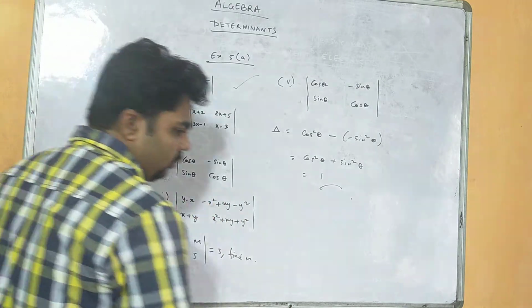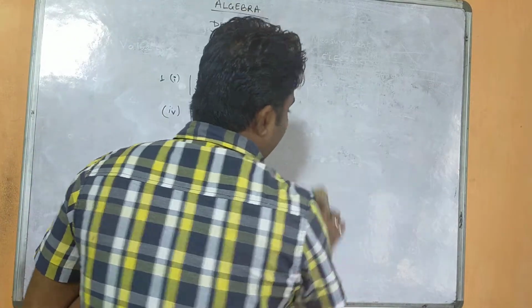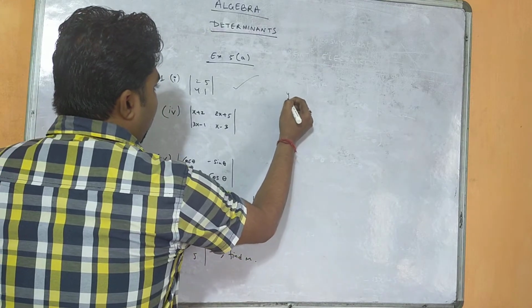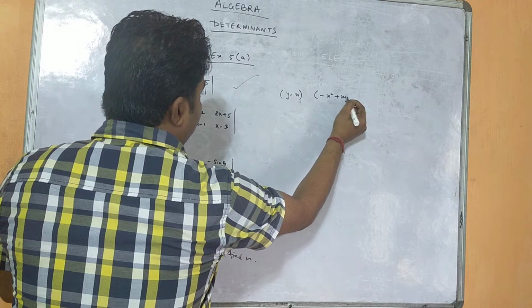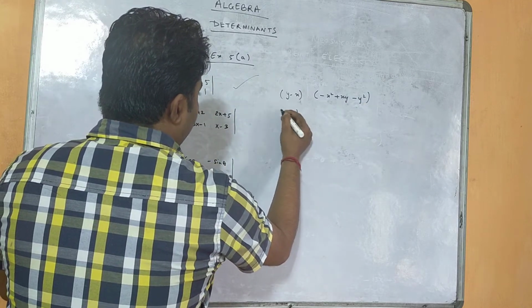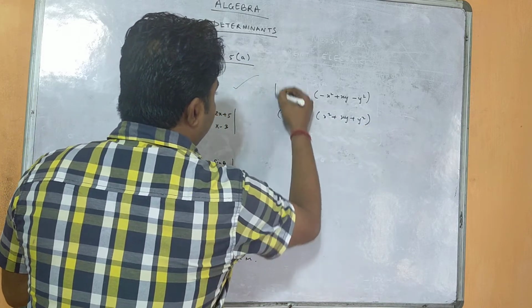Here also we need to just cross multiply. So when you cross multiply this one, we get y minus x, square plus xy minus y square, and x plus y, x square plus xy plus y square.